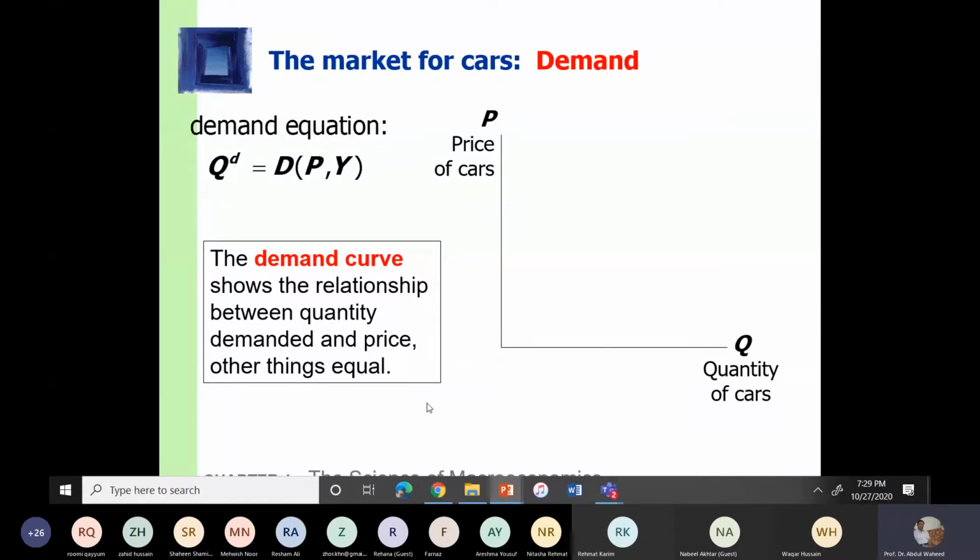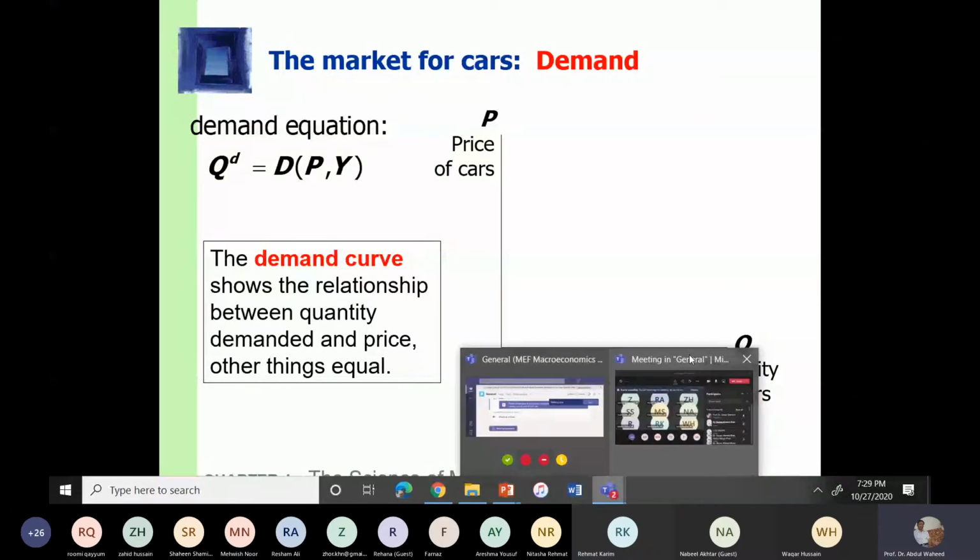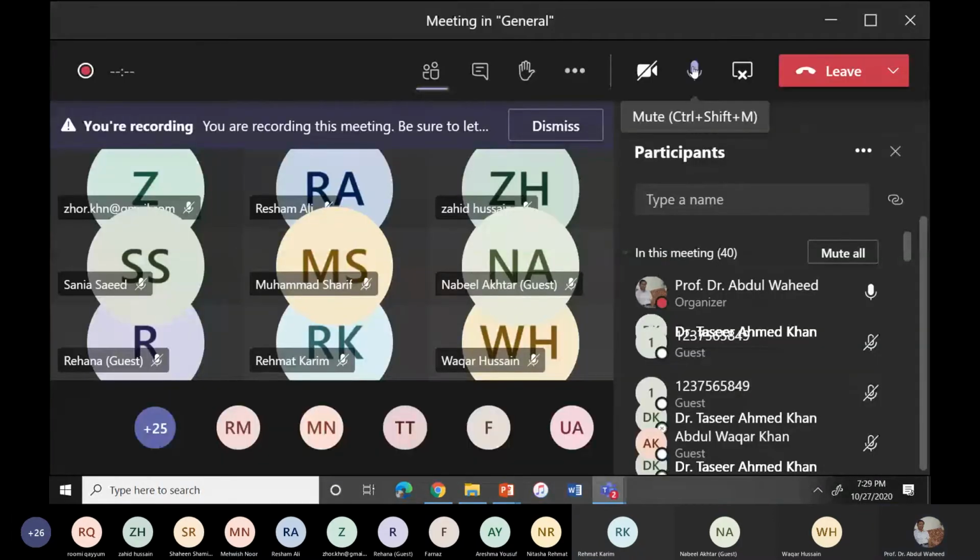If I plot the demand equation on this graph, the demand curve would be positively sloped or negatively sloped? Negative slope. Yes, the demand curve would be negatively sloped.